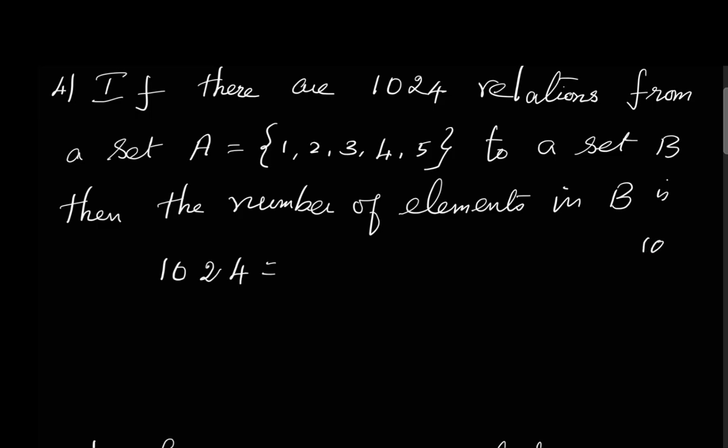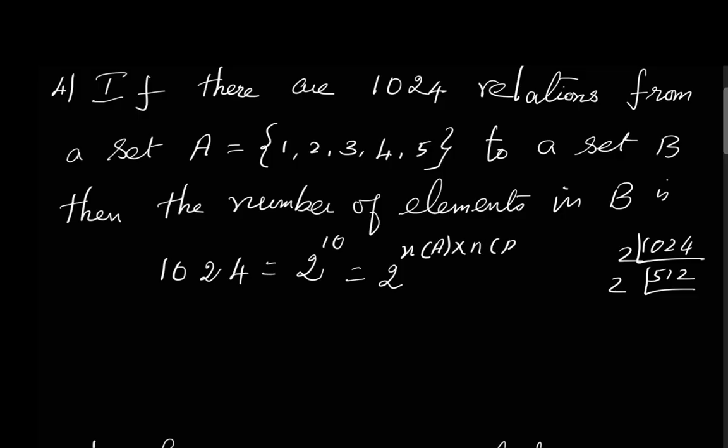If you keep dividing this 1024 by 2, you will get 2 power 10. So this 2 power 10 comes from the number of elements of A cross the number of elements of B. So n of A into n of B is equal to 10.